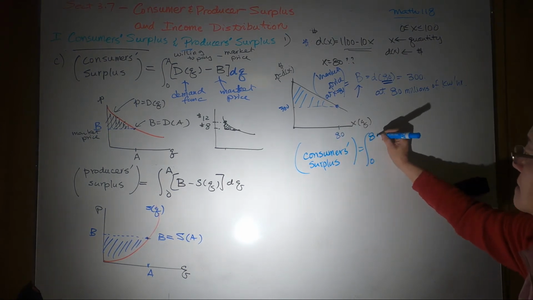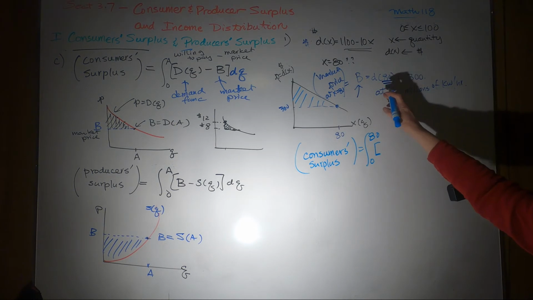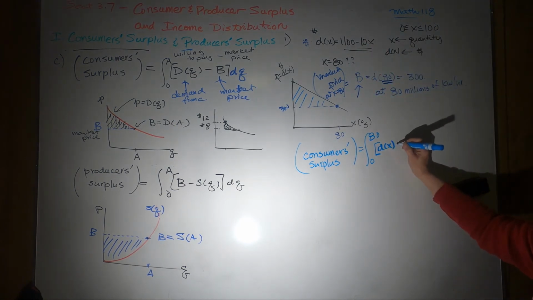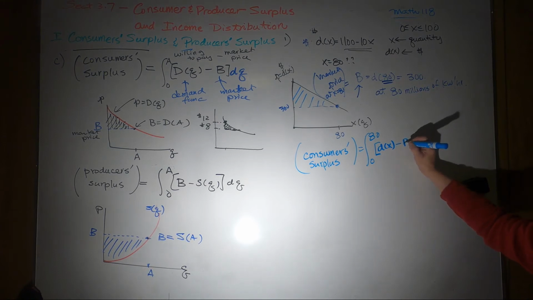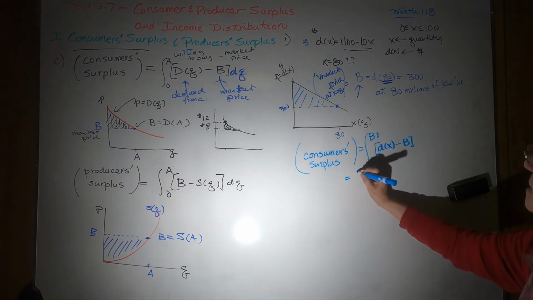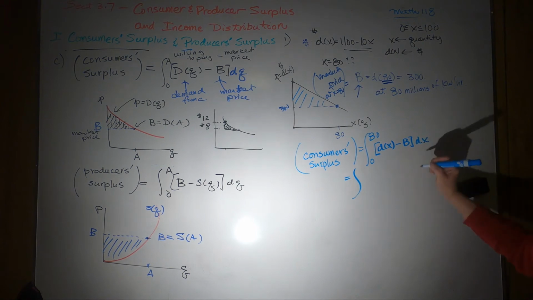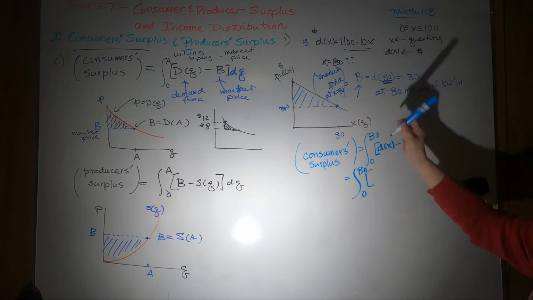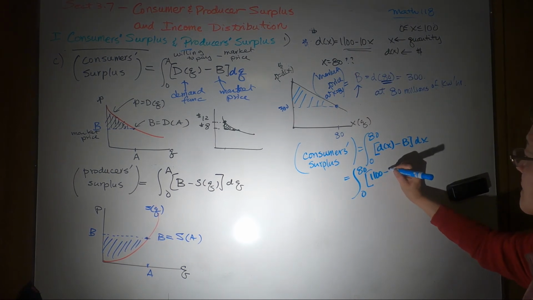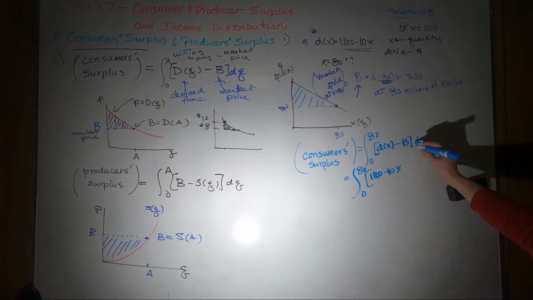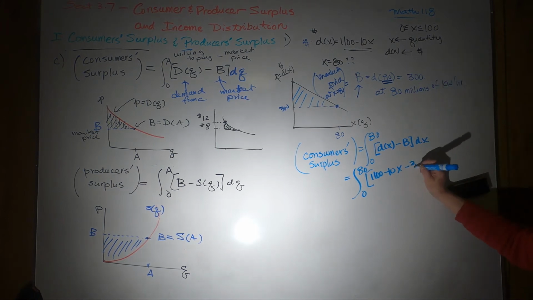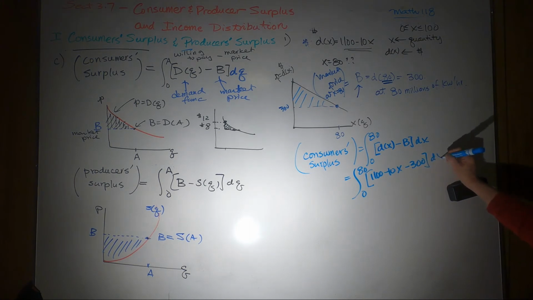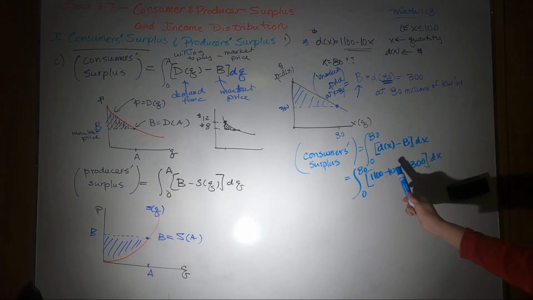To the 80. Then for consumers, the demand function, then you do minus what? Market price, right? So against the quantity. So you do 0 to 80. So D of x is that one, 1100 minus 10x, minus b. b is what? 300. Okay, against x.